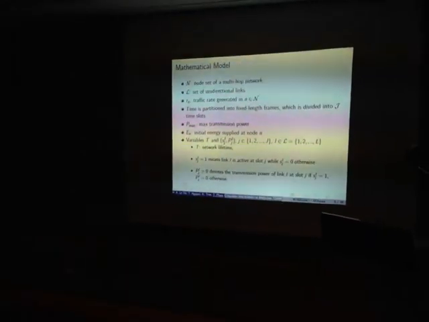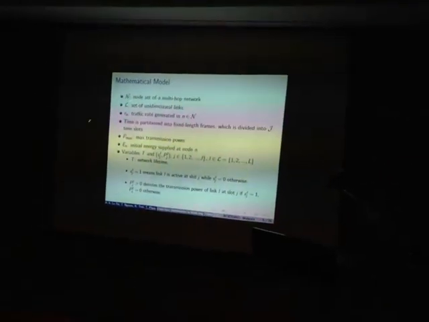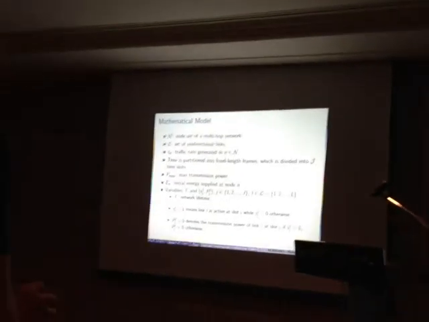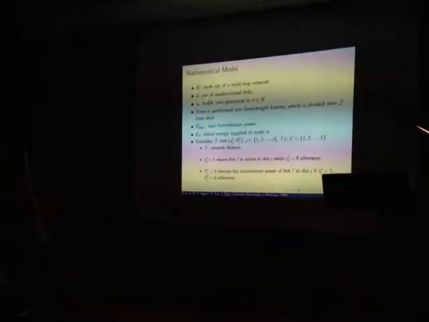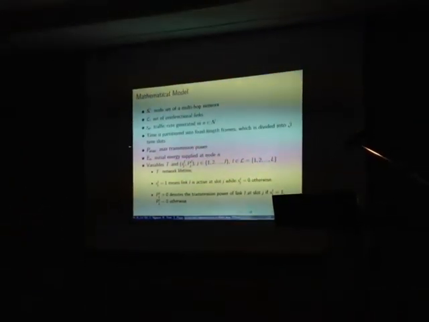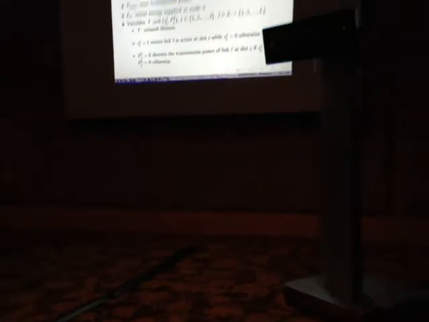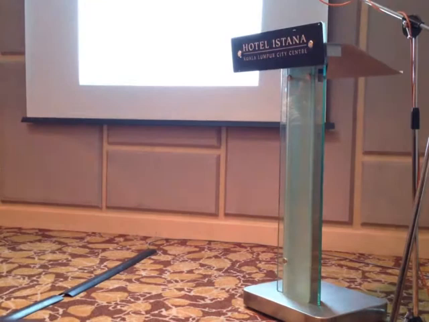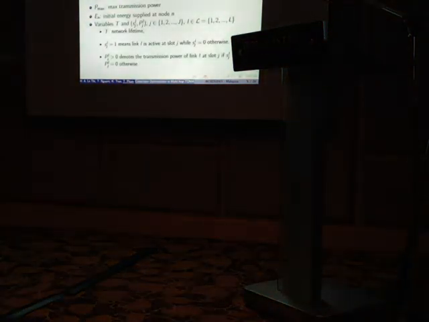Here is the notation. We have a set of unidirectional links, the time is entirely partitioned into fixed length frames, which are divided into slots. There is a maximum power.